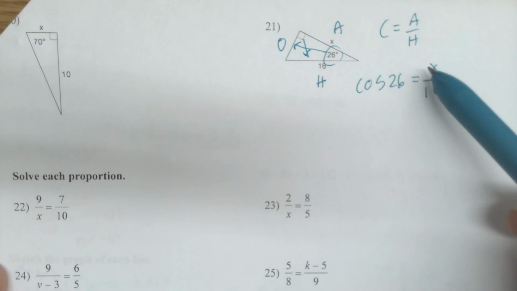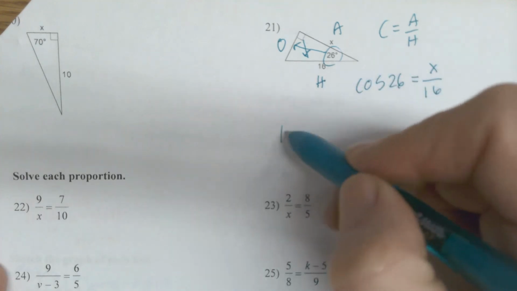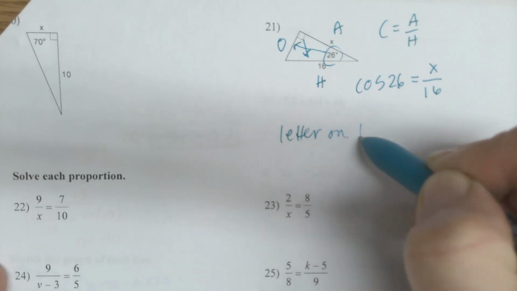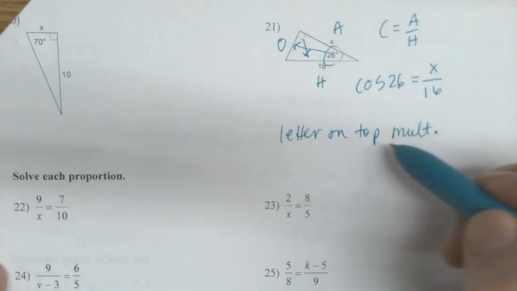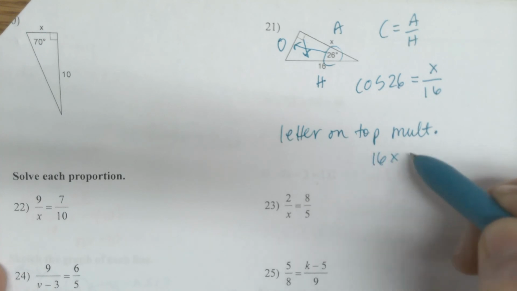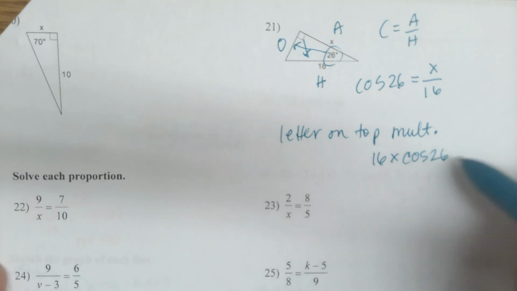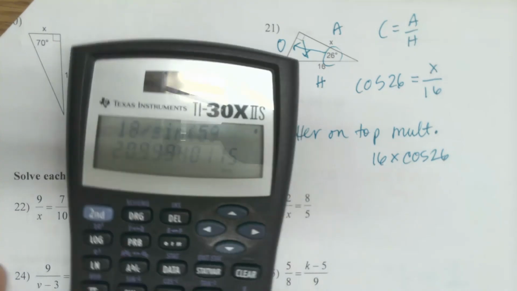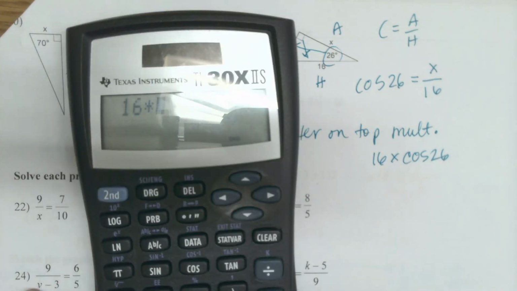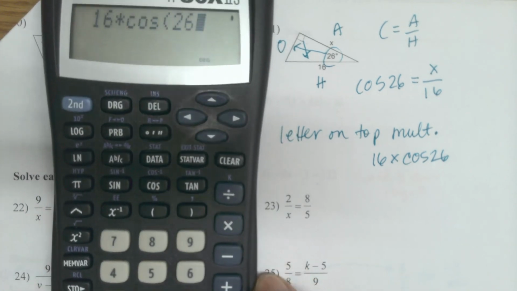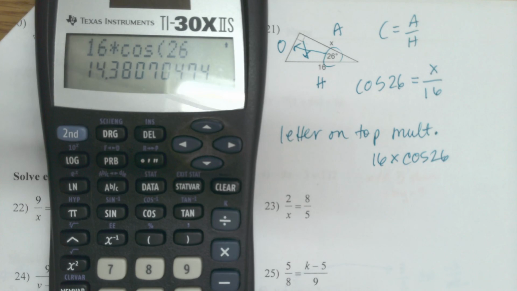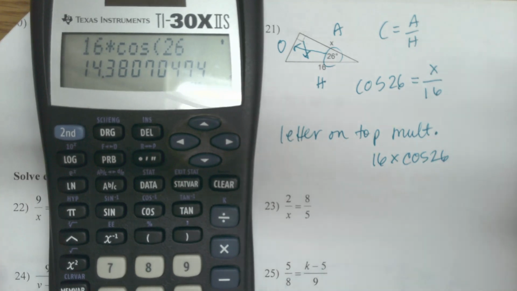If the letter is on the bottom, you divide. If the letter is on top, multiply. So I do 16 times the cosine of 26. And I get my final answer, looks like about 14.4.